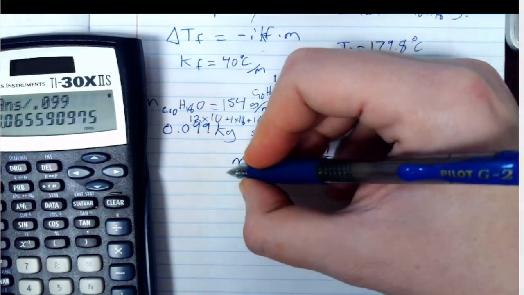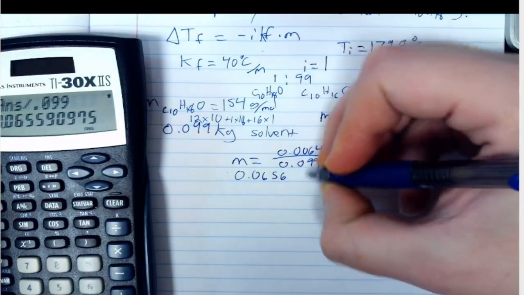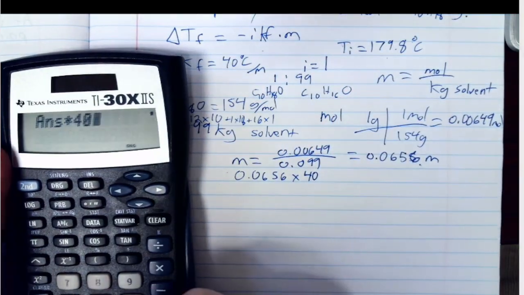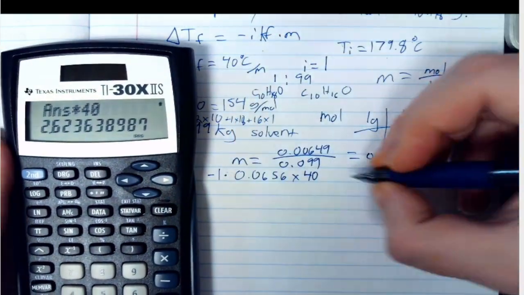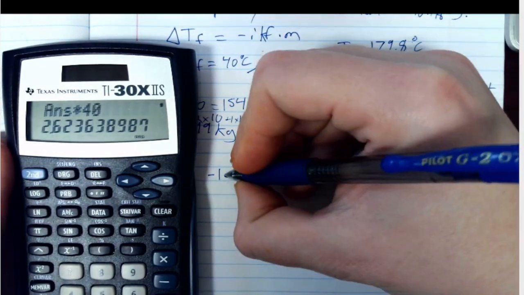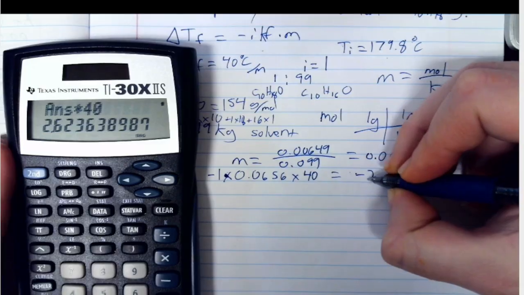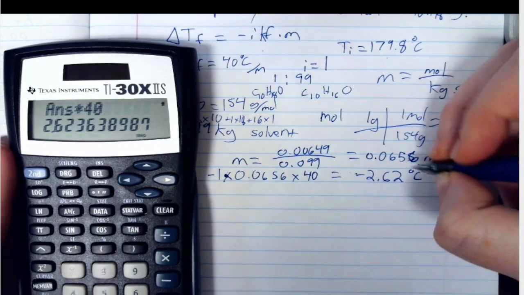So we have 0.0656 times 40, times -1. How much would my freezing point go down by? It would go down by -2.62 degrees.